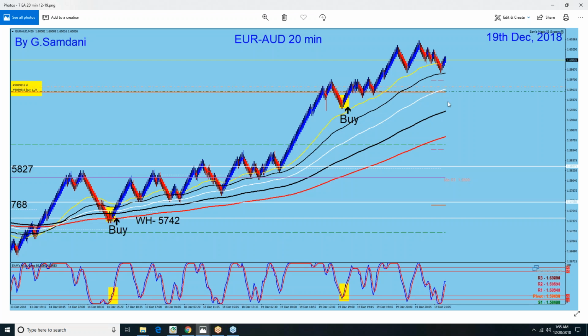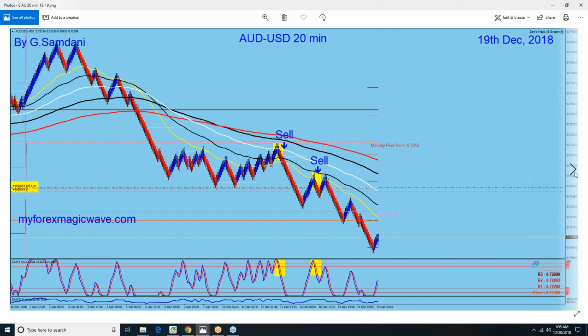But since the theme was, like I said, long, I made an entry here, and it went up again. So with the Aussie weakness, Euro Aussie, Pound Aussie going up, Aussie USD, Aussie Yen, wherever Aussie is on the left hand side, they're going down. So this was a trade from earlier, on the 18th.